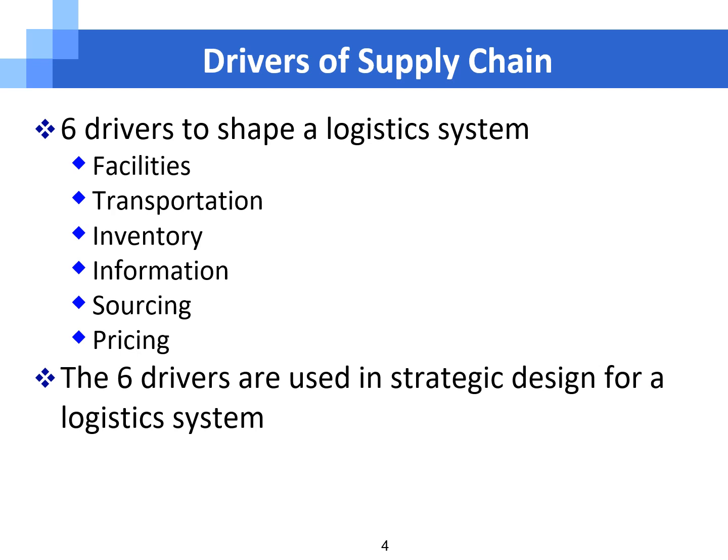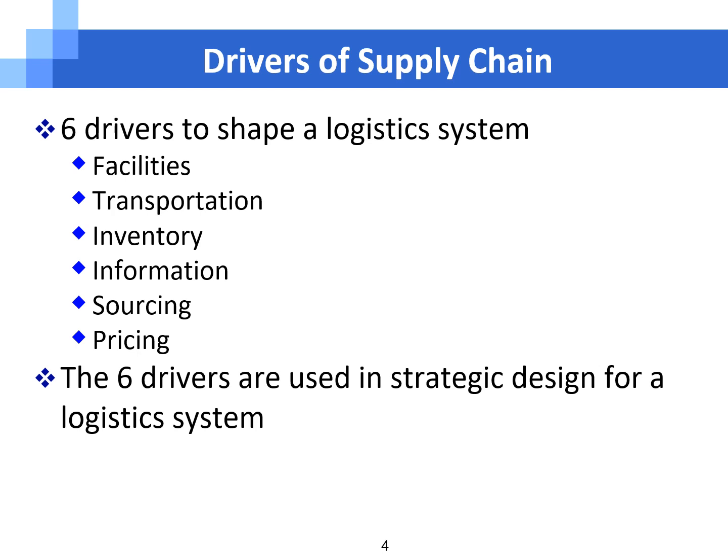The 6 drivers that shape a logistics system are facility, transportation, inventory, information, sourcing, and pricing. The 3 logistics drivers are facility, transportation, and inventory.